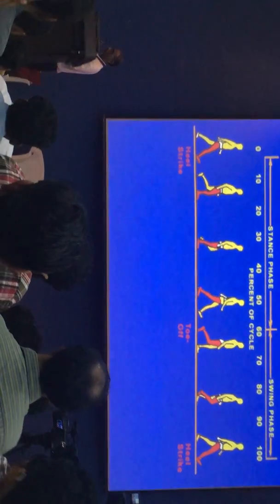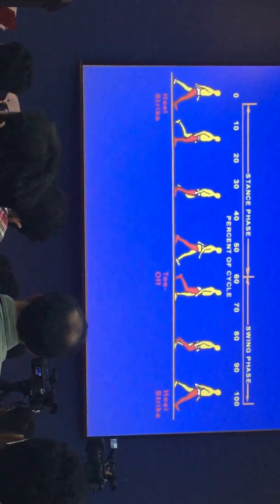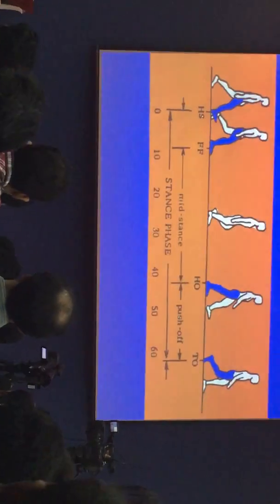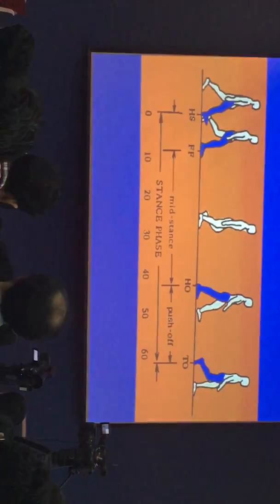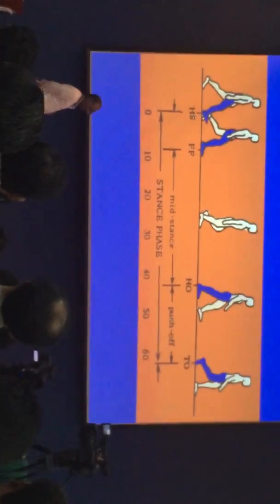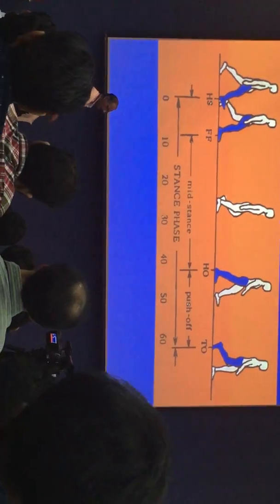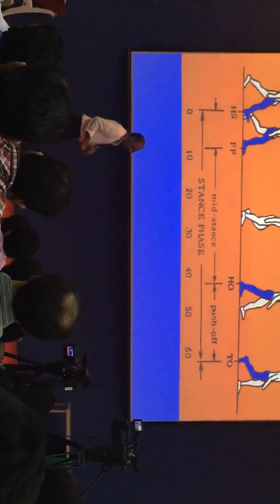And each phase has a different group of muscles which is roped in per activity. If you look at the stance phase, it starts with a heel strike, then foot flat, and then mid stance.